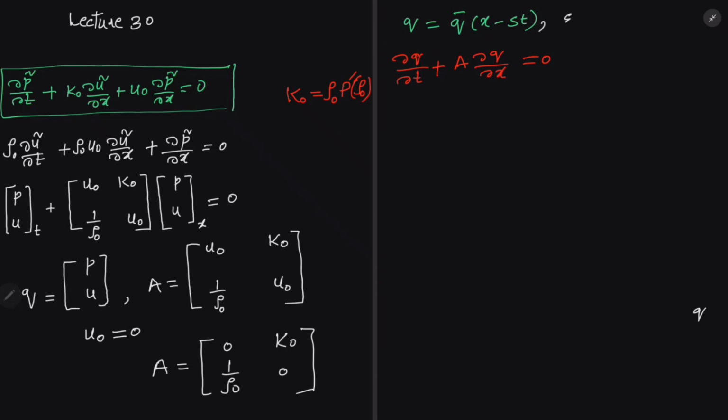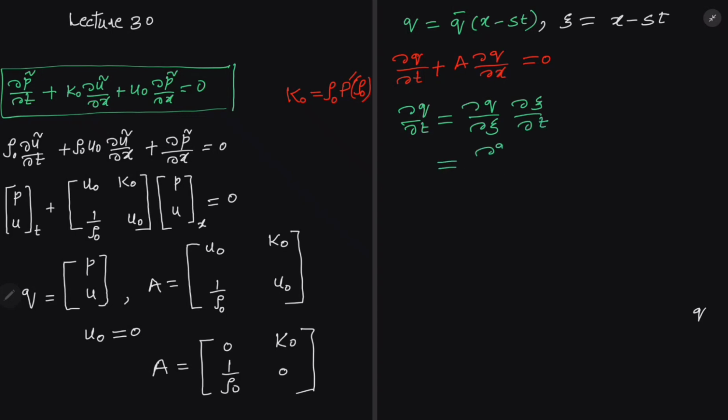So let us assume xi is equal to x minus st. So we take a derivative of q by the chain rule. We need partial q by partial t first. So partial q by partial t will be equal to partial q by partial xi times partial xi by partial t.